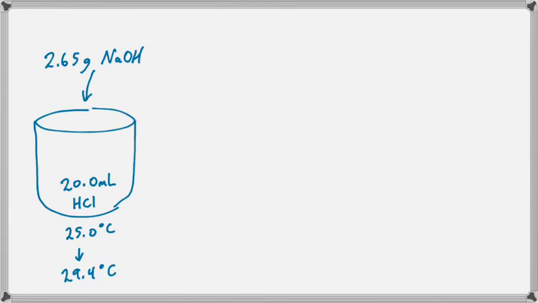So I have two things going on. I have a chemical change with the acid reacting with the base, a neutralization, but it does tell me that this is warming up as well. So I also have a temperature change. So just like in the last one, I start by saying that the heat lost should be equal to the heat being gained, and then I expand this out.